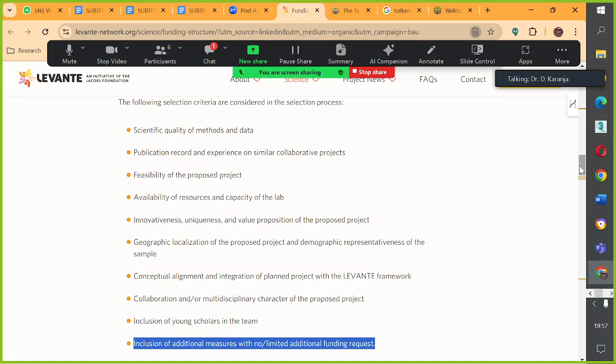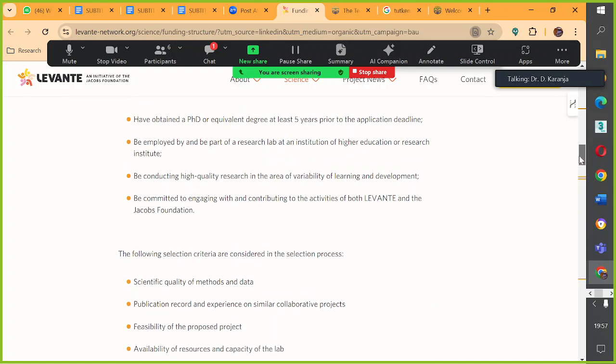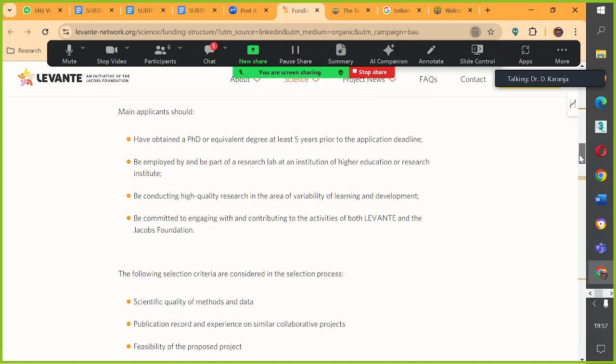Definitely, it is. Of course, the first three up there, the requirements are very clear. And of course, that one dictates who will be the PI.